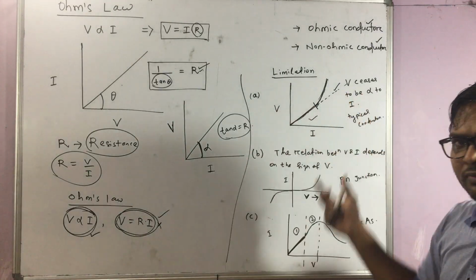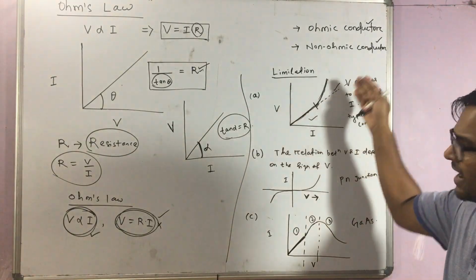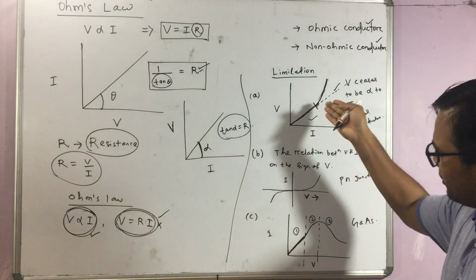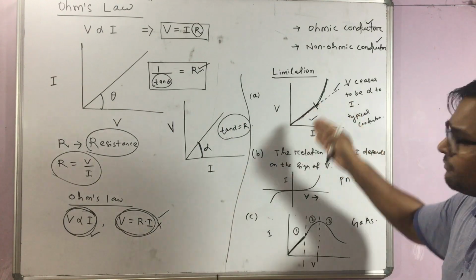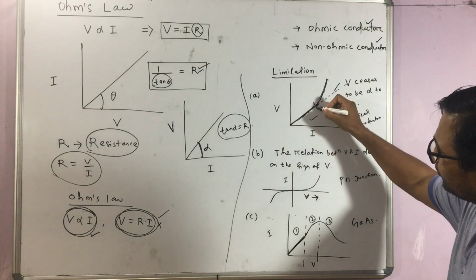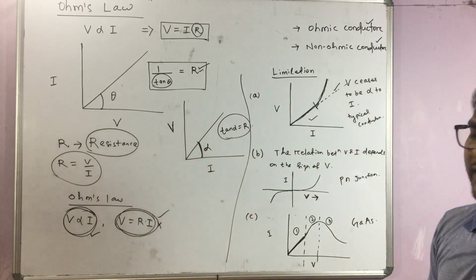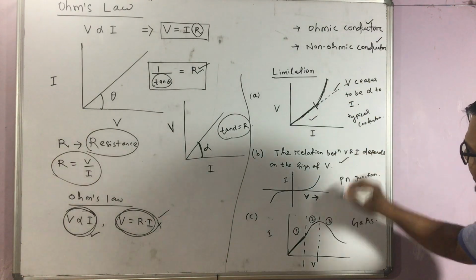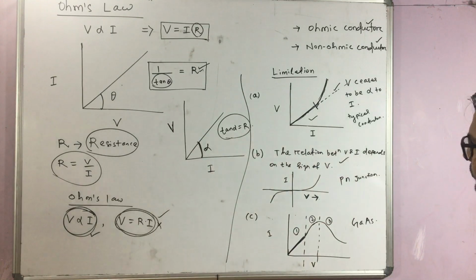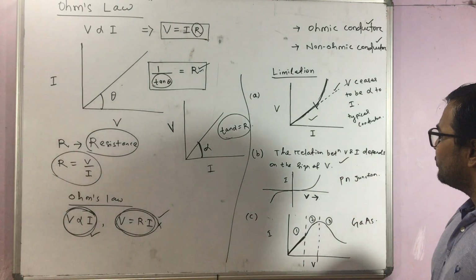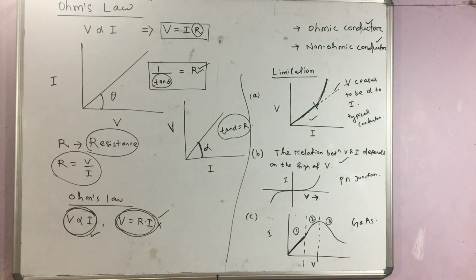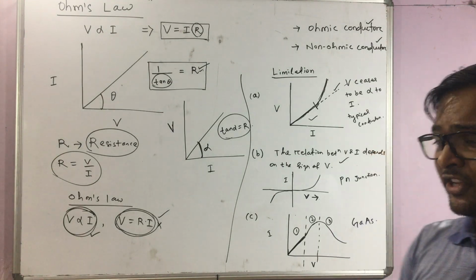There are some higher temperature materials that show this kind of behavior, meaning they won't obey Ohm's law and the graph is clearly non-linear. Then the second limitation is that the relation between V and I depends on the sign of V. Try to understand.